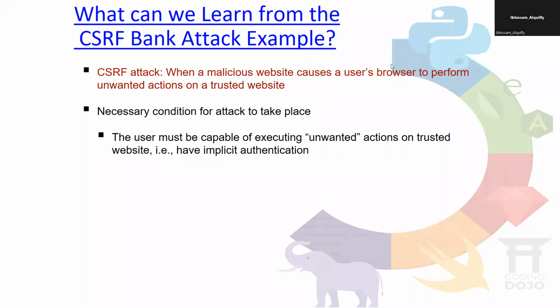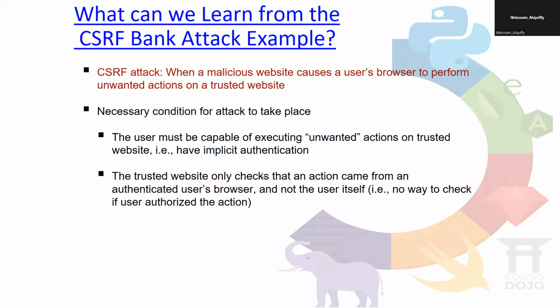Another thing that needs to be there is that you visit the bad website. The trusted website only checks that an action comes from an authenticated user browser and not the user itself. What we mean by this: if you are requesting a transfer, your browser is sending me a transfer, but you as a user sitting at this browser, do you know that your browser is really asking for a transfer?